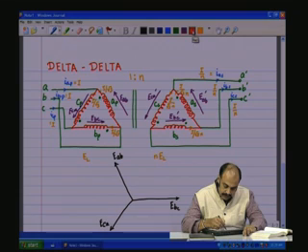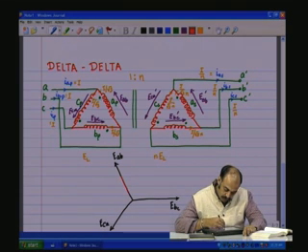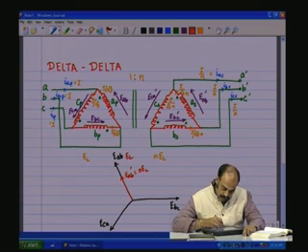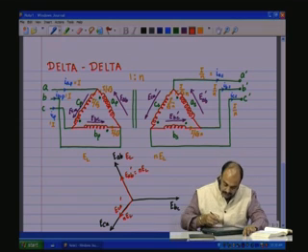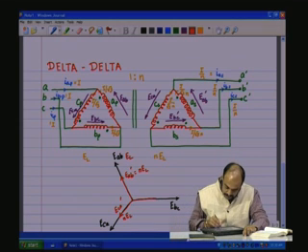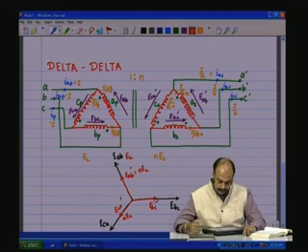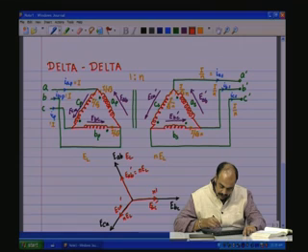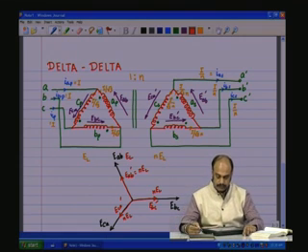So, let us say that we have EAB prime, which is n EL, where EL is the primary value and n is less than 1, let us say, and then you have ECA prime, which is again n EL, and you have EBC prime, which is also equal to n EL effective value.